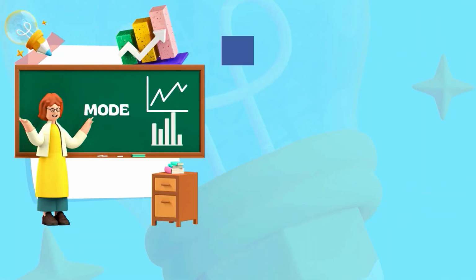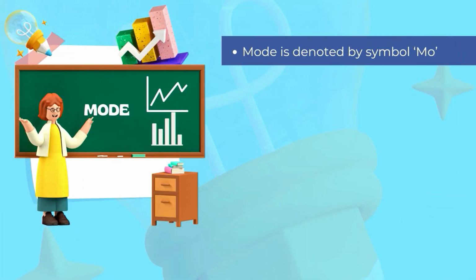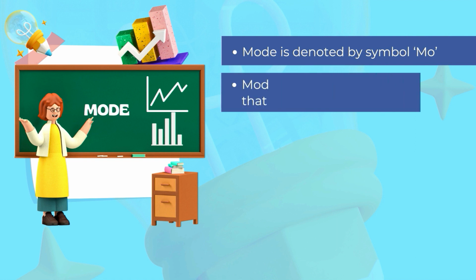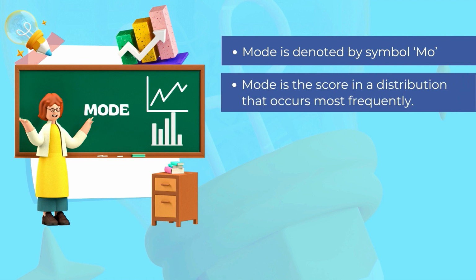So let me talk about mode as well. Mode is denoted by the symbol MO, and the mode is the score of the distribution that occurs most frequently. So mode can be easily associated with the most frequent data. If you have a data set, the data that occurs most frequently can be considered the mode.